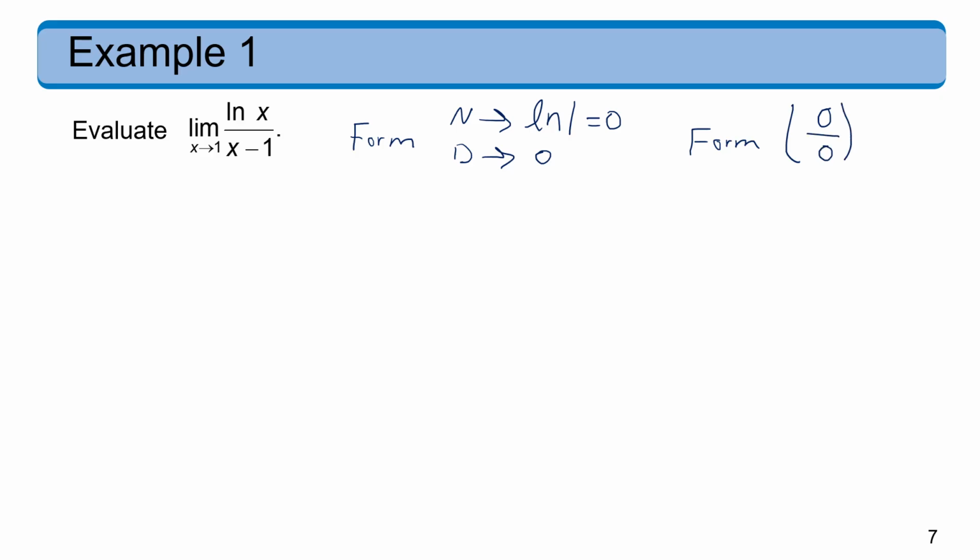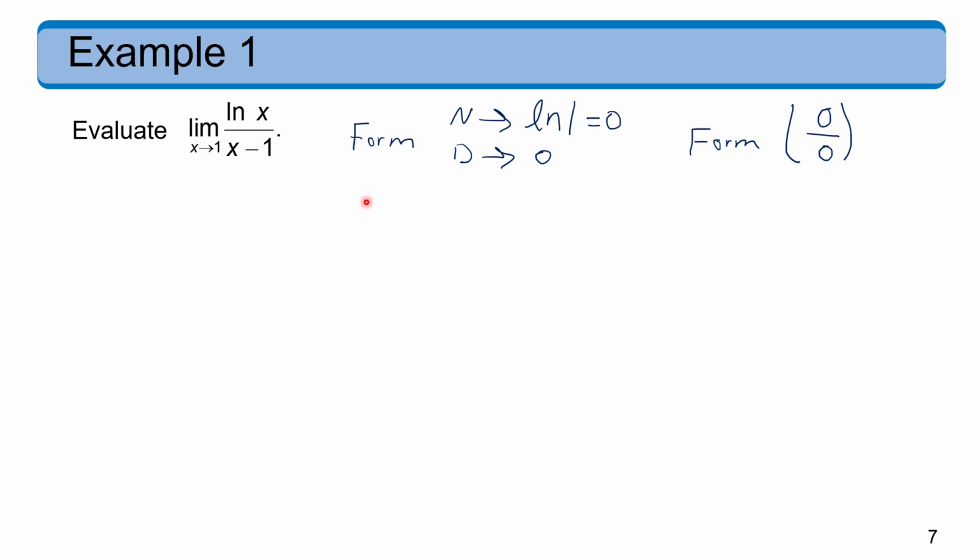Now, this is not a rational function. It looks kind of like it's rational because it's a fraction, but remember, rational is a polynomial divided by a polynomial, and here the numerator is not a polynomial, it's a logarithmic function. So the method we learned earlier involved factoring, and that usually worked for rational functions.